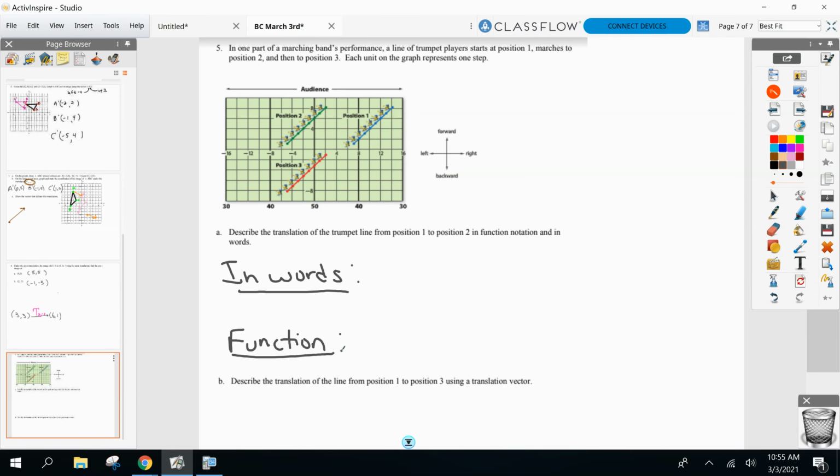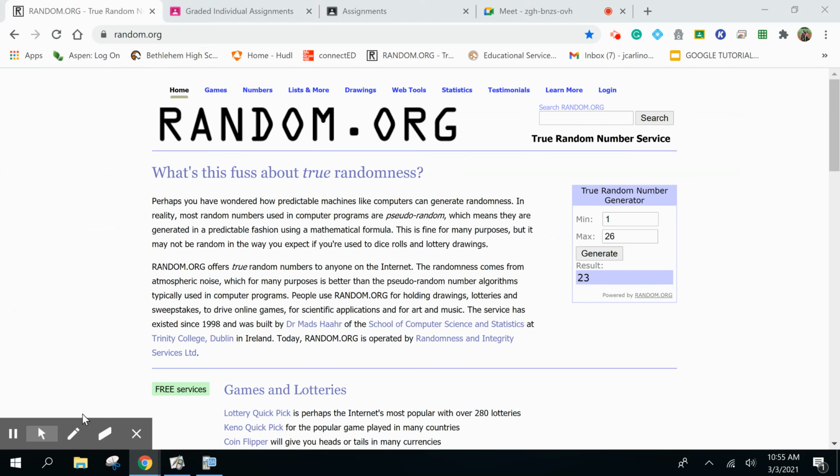So in your own words, I'm going to ask somebody first. How am I going from position 1 to position 2 in your own words? Make sure you give me a distance and direction. All right, when we're ready here. Atticus, when you're ready. Distance and direction.